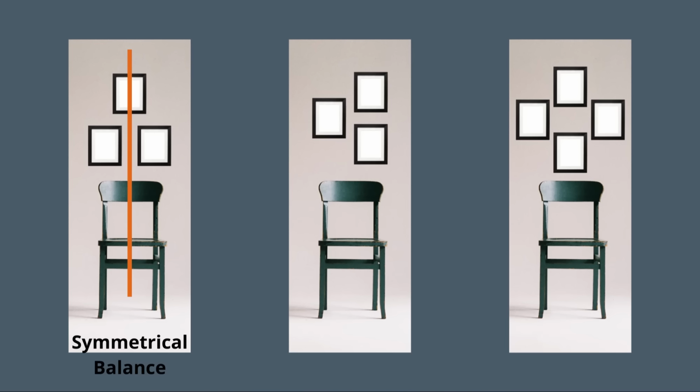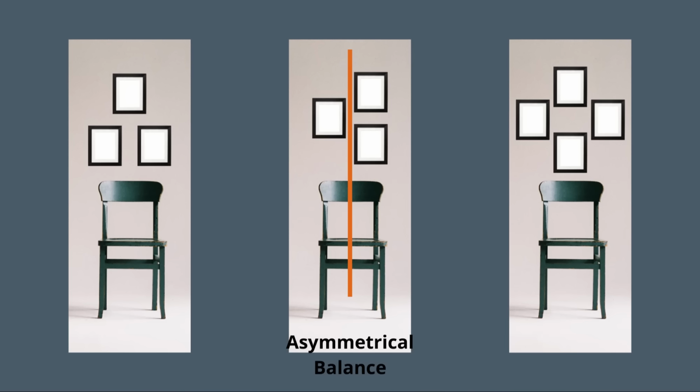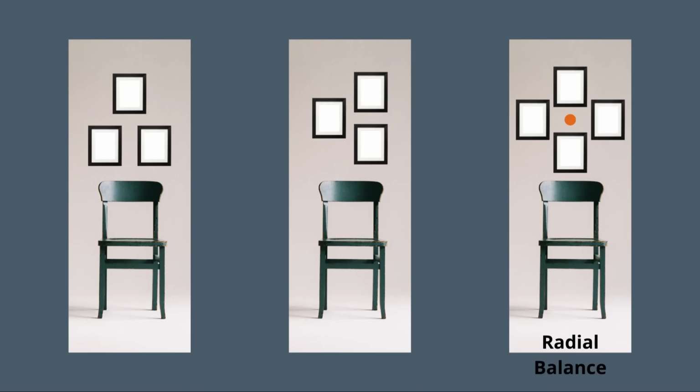An asymmetrically balanced way, that means we still have that imaginary center axis line, but the elements are dispersed differently, and the visual weight is not necessarily going to be placed in the exact same spots on either side as they would be in symmetrical balance, or even a radial balanced way. That just means everything is revolving around a central point.